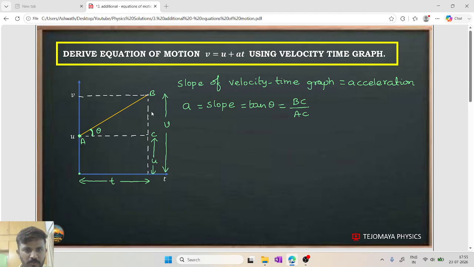So BC is given by the final velocity minus the initial velocity, that is v minus u. Therefore, acceleration a is equal to (v minus u) divided by t. We can multiply this t to the left hand side, so that is at = v minus u. We can just rearrange the terms, taking u to the left side, and we'll get v = u + at.